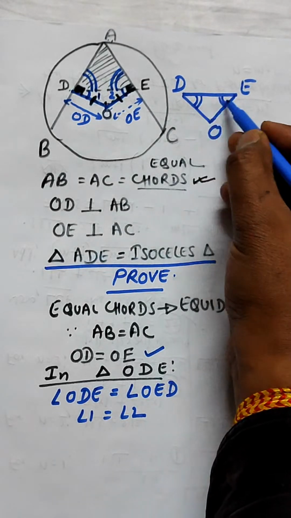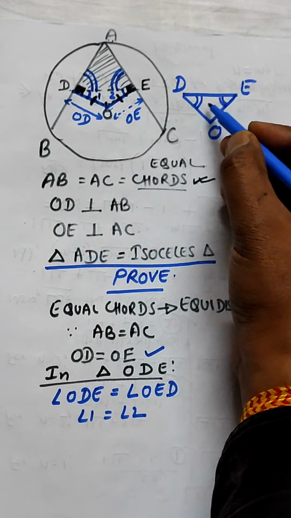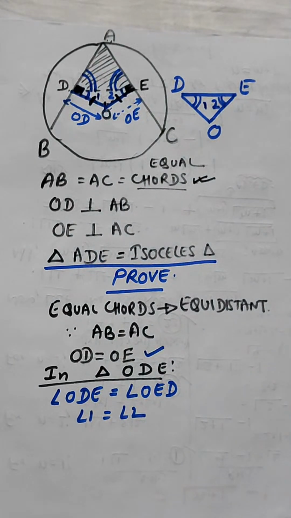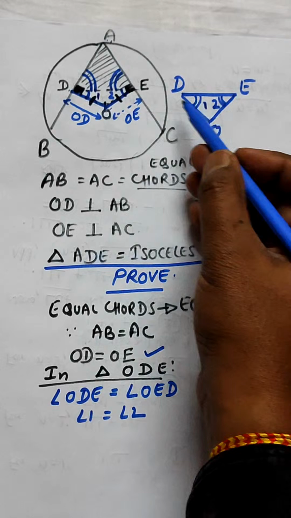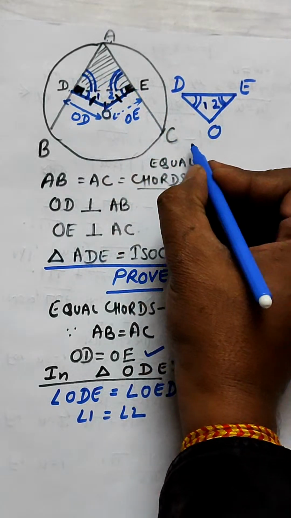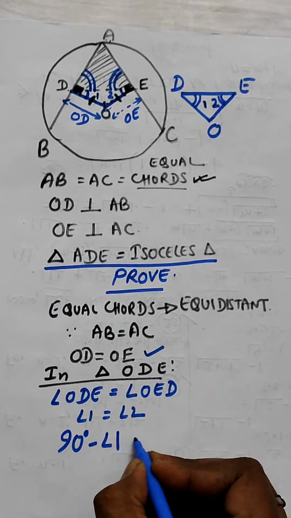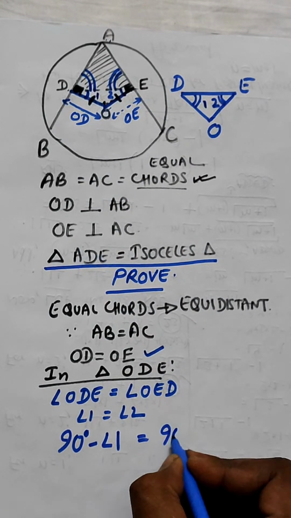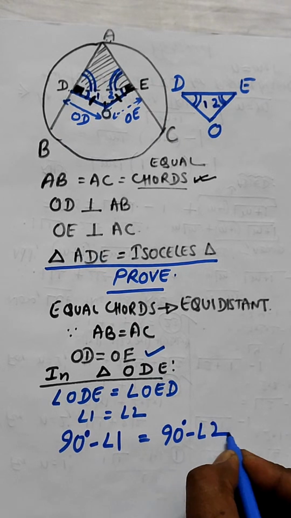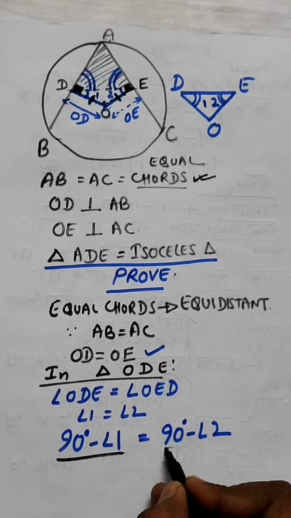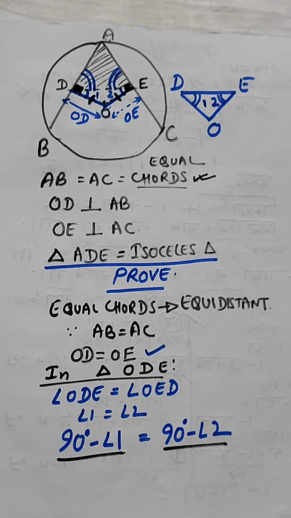Okay, if these two angles are equal, then let's say this is angle 1 and this is angle 2. So you are subtracting angle 1 from 90 degrees, and similarly subtracting angle 2 from 90 degrees, and 1 and 2 are equal. Isn't 90 minus angle 1 equal to 90 minus angle 2?